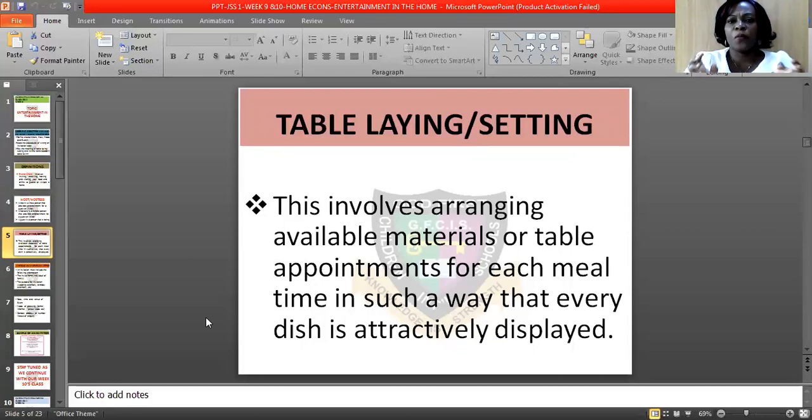Take for instance when you had your end of the year party last year, we prepared a table for you people, isn't it? Yes, the table was prepared for the meal you were about to take. So table laying is the arrangement of available materials or table appointments for each mealtime in such a way that every dish is attractively displayed.